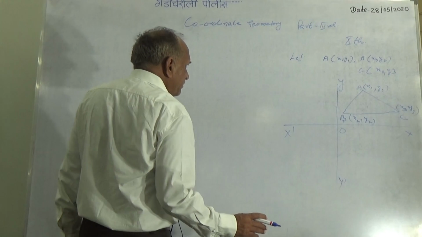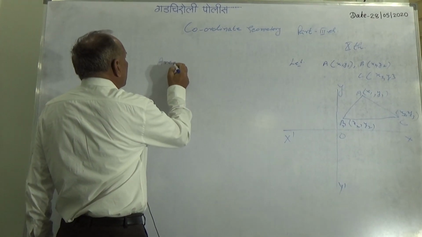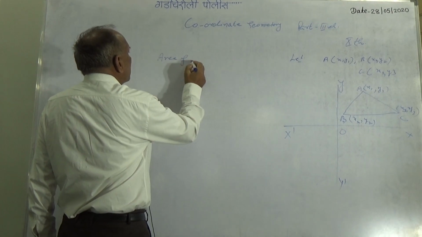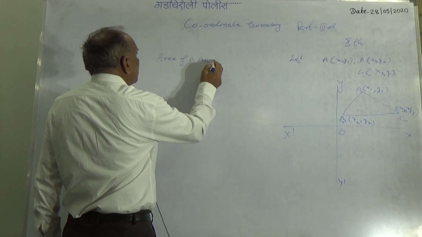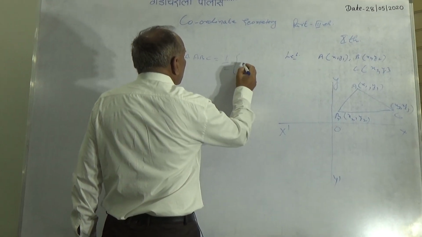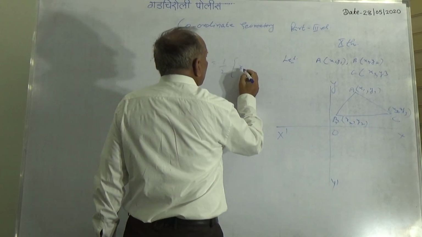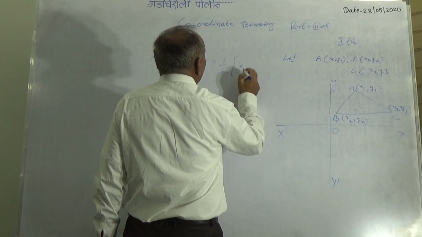For this, area of triangle ABC is given by 1/2 x1.